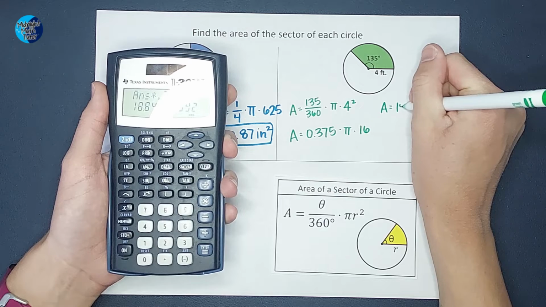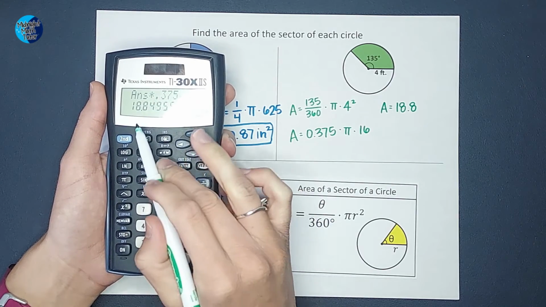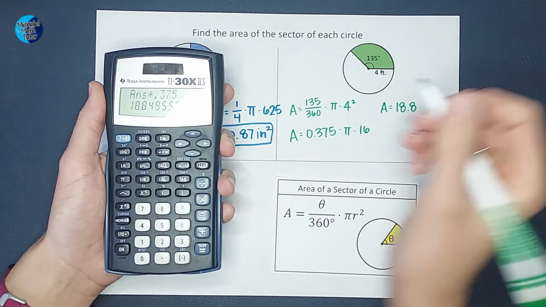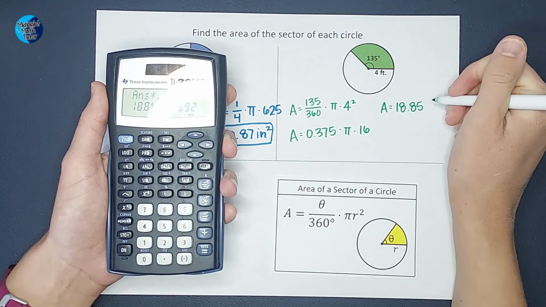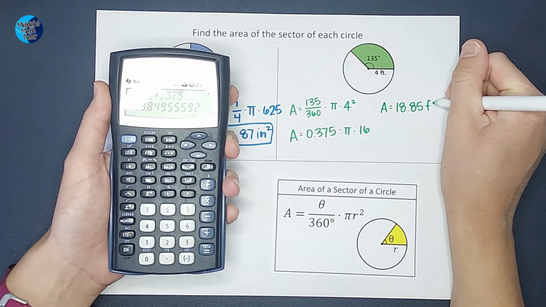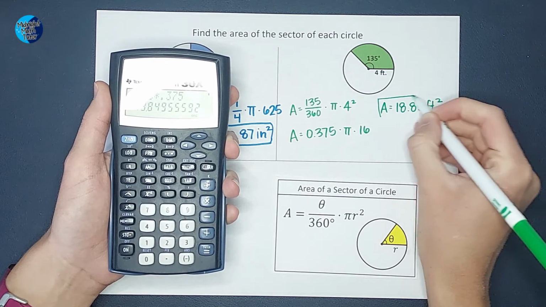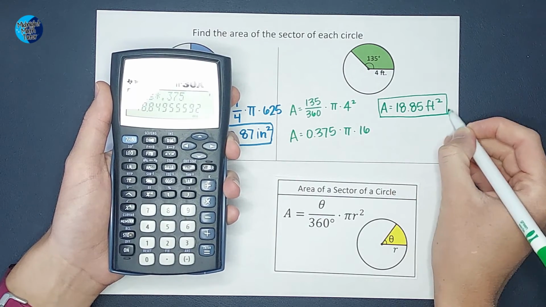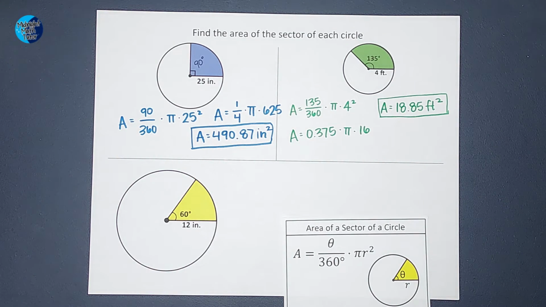So I'm going to get 18.849. That 9 will round that 4 up to a 5. If you need a rounding review, I'll link one. So I get 18.85, and we are in feet. Since it's area, it's feet squared. Look at that. Amazing.